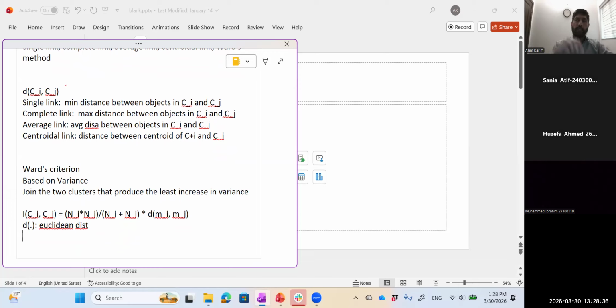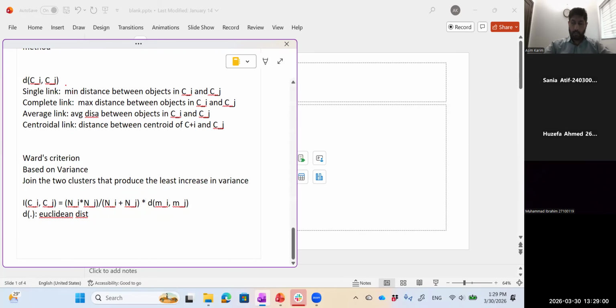So you need to know the center of each cluster and the number of points in each cluster. So since we need to compute the center, this is only applicable to numeric data, mean point. Okay. Any questions?